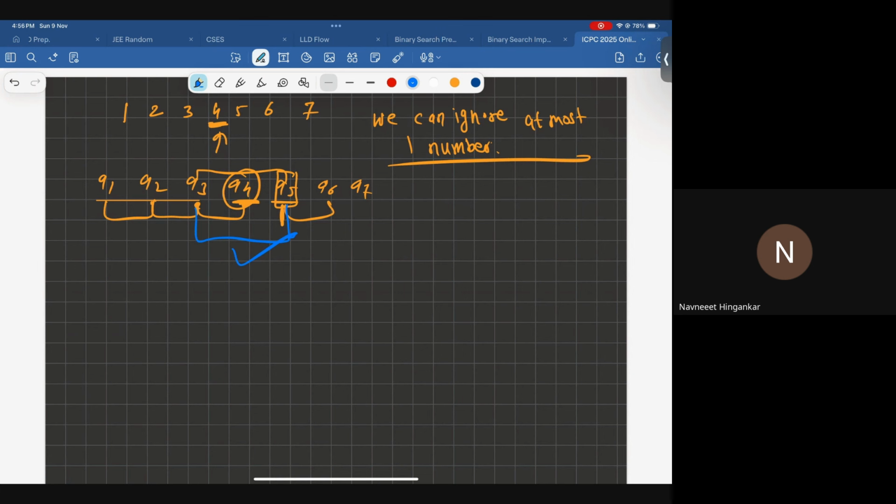I had an allowance of one number. The moment I skipped A4 for combining A3, A4, A5, I skipped one number already. Now if I'm trying to pair A6 with some number, I can't use the extra advantage, because I have already used it.